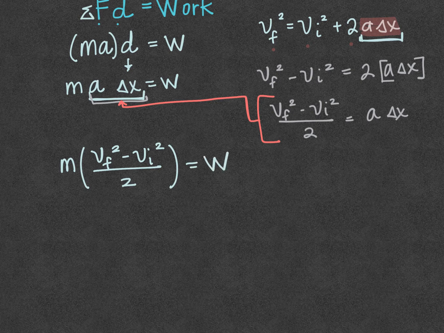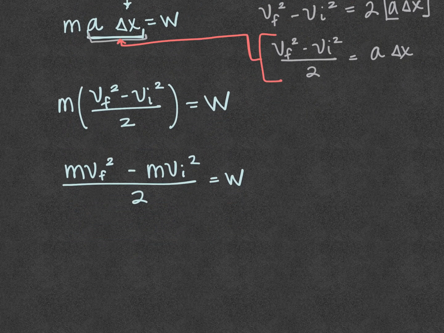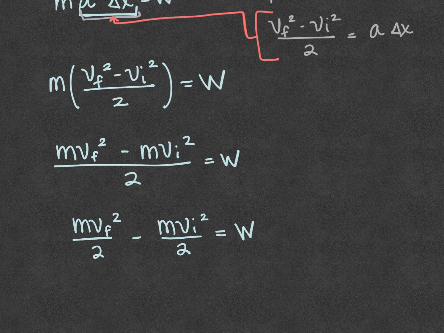Now let's multiply our mass in, so we'll have m v final squared minus m v initial squared all over 2 is equal to the work. And then I could rewrite this as being m v final squared over 2 minus m v initial squared over 2, and that would be equal to the work.